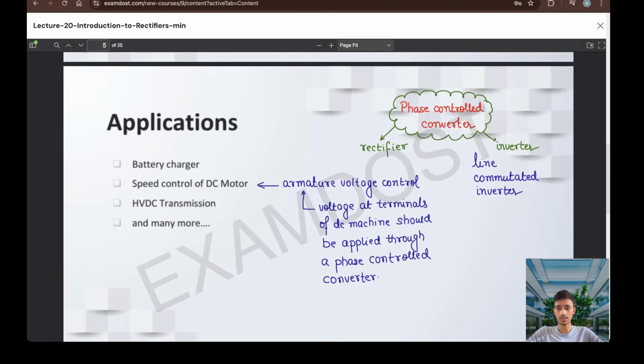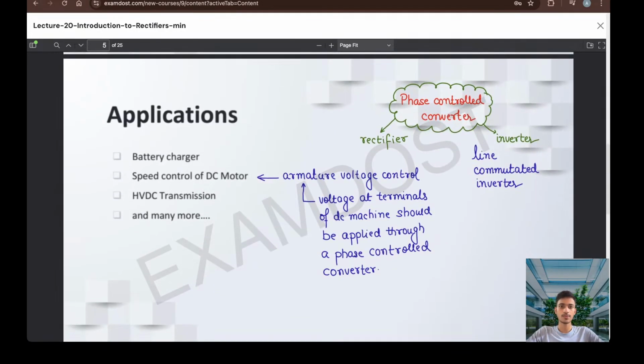So for phase controlled converters, we can take examples of rectifiers and inverters, and speed control of DC motor, armature voltage control. Voltage at the terminal of the DC machine should be applied through a phase controlled converter.